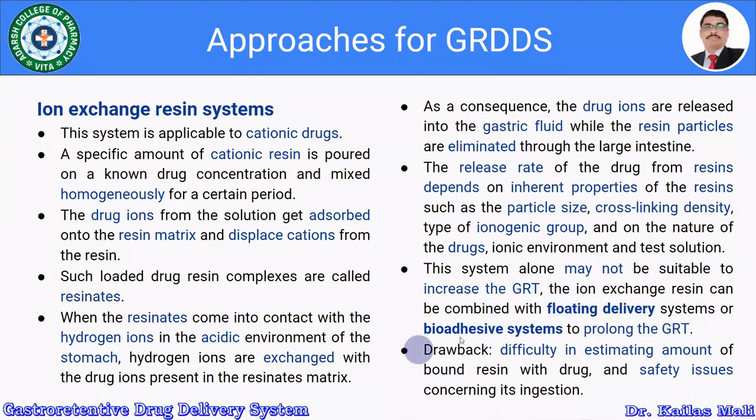The main drawback of the ion exchange resin systems is the difficulty in estimating the amount of resin bound with the drug, and the safety issues concerning its ingestion. So this is about the ion exchange resin systems for the gastro retention.